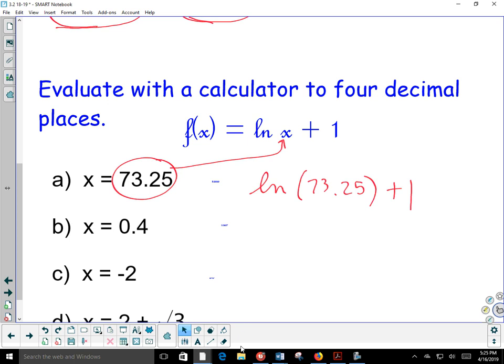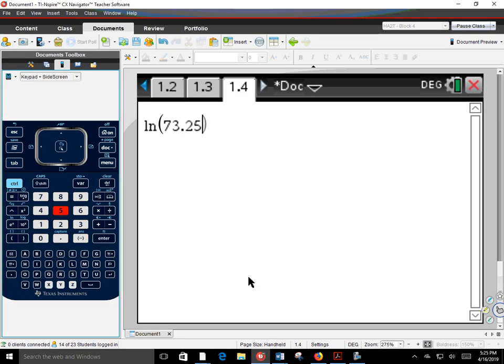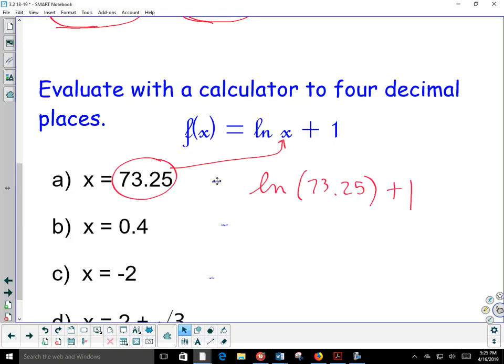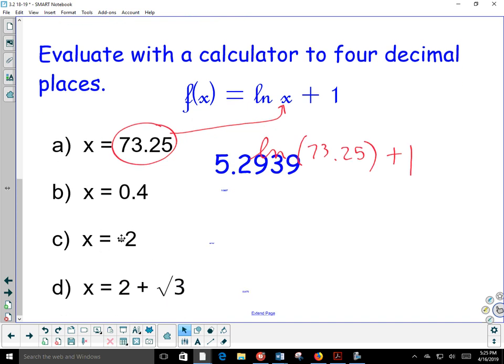Yep, and then I want a plus 1 after that. So I got to get out of the parentheses and a plus 1, and I'm getting 5.29 as my answer. Let's see if we agree with that. Yeah, about 5.29.